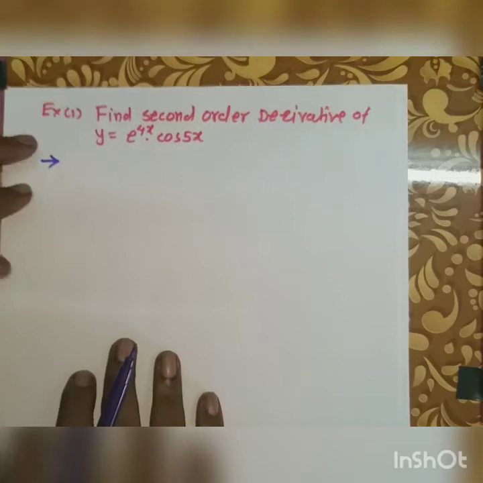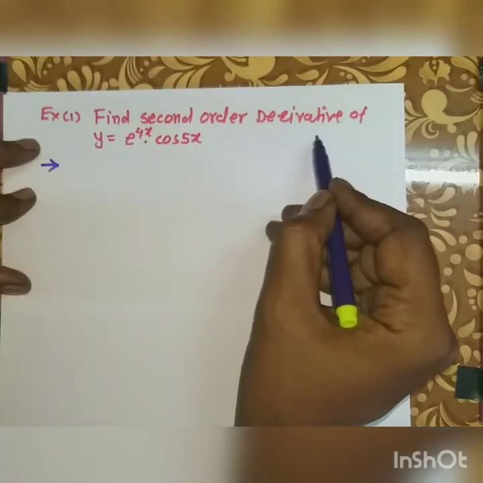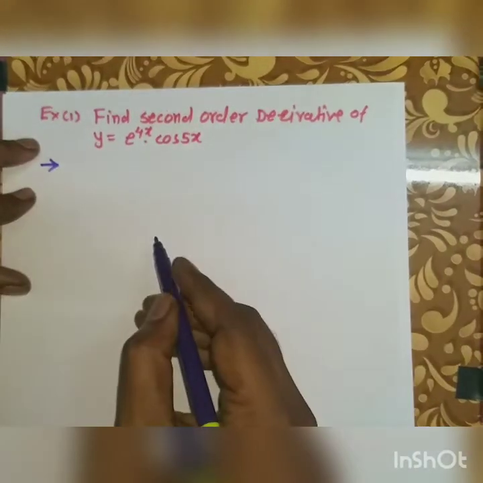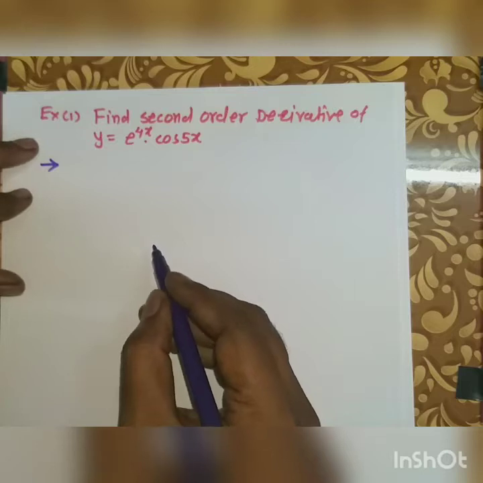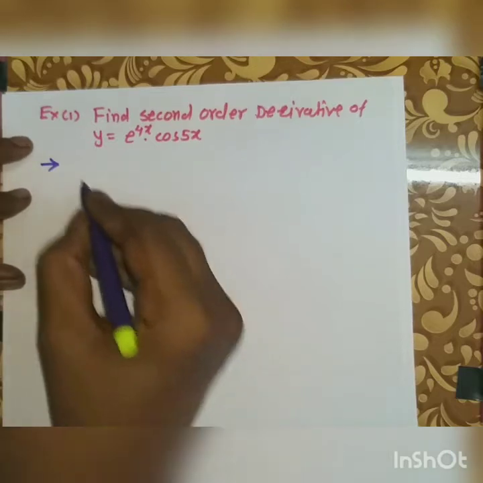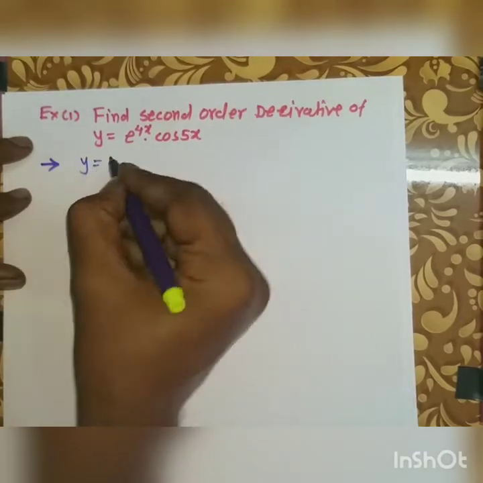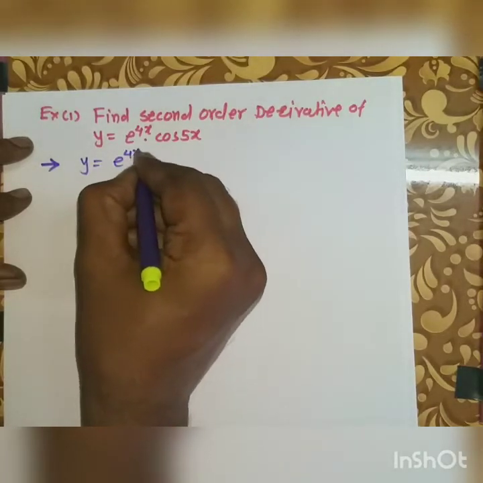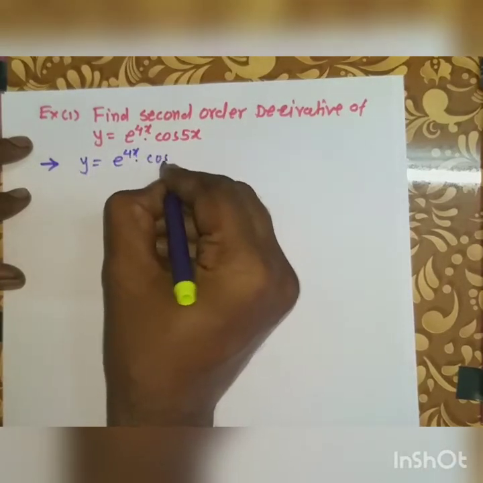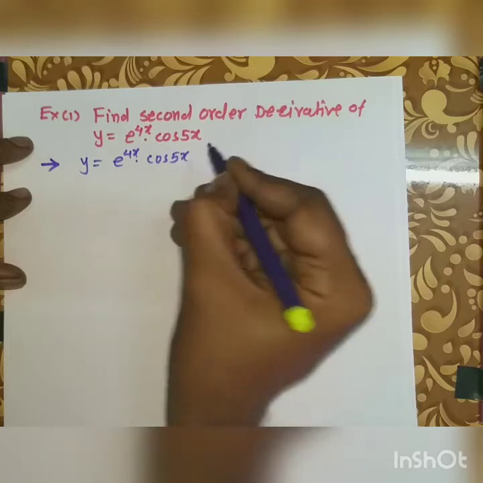Our first example is: find the second order derivative of y is equal to e raised to 4x into cos 5x.